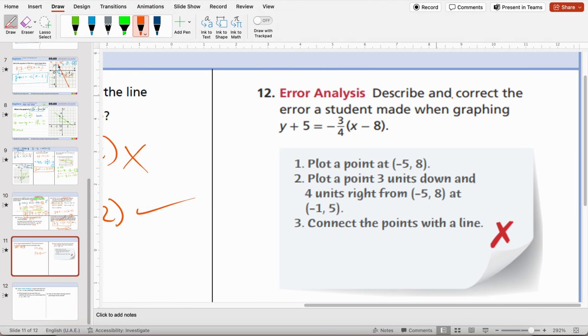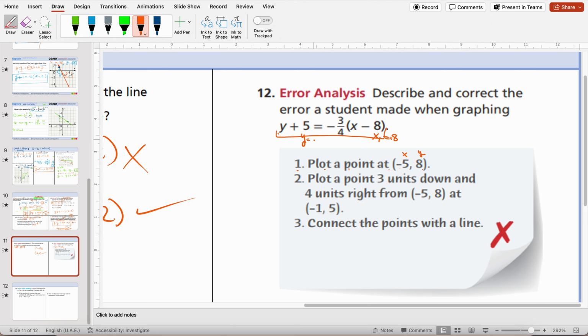Here, discuss and correct the error that the student made. Here we have this equation. What did the student make? The student said plot a point at -5, 8, x and y. Let's see. Is x1 -5? No, it should be 8 positive. Is y1 8?